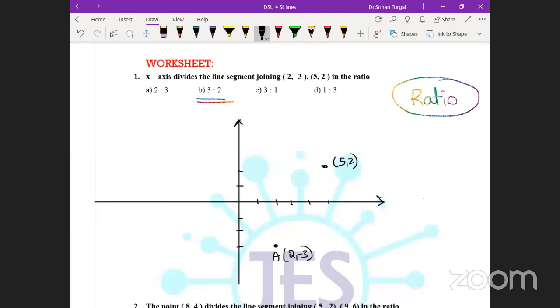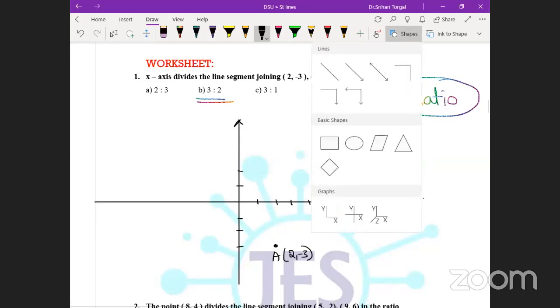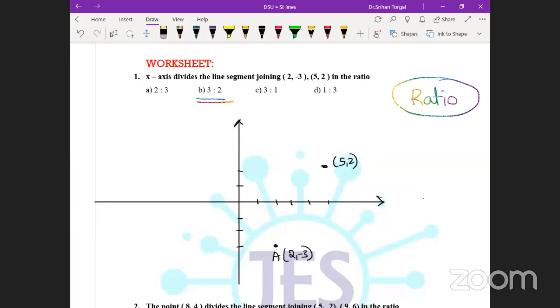if the x-axis divides the line segment, let me join these two points in a straight line. Join this using a straight line. Now you have to find where the x-axis divides it.